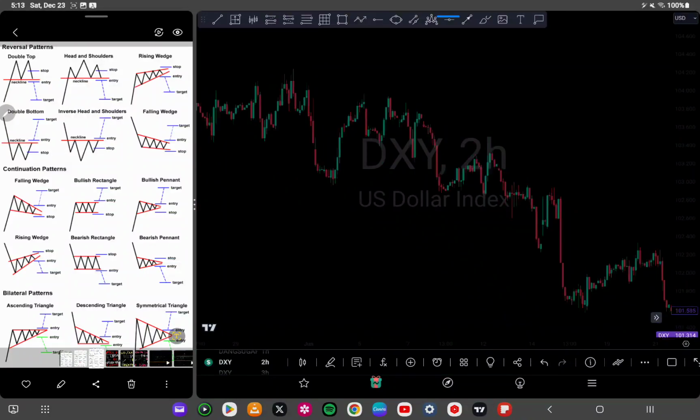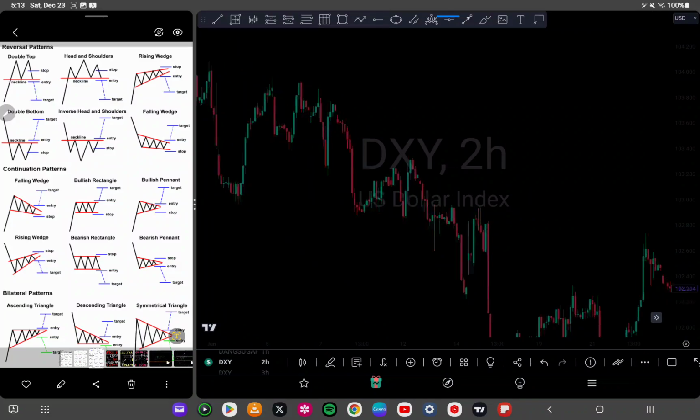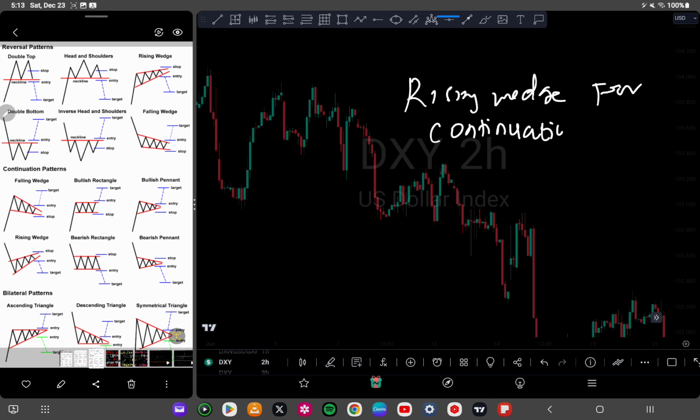So we can see that, okay, for the rising wedge, right, for a down move, this will be the rising wedge continuation pattern, which is this right here.